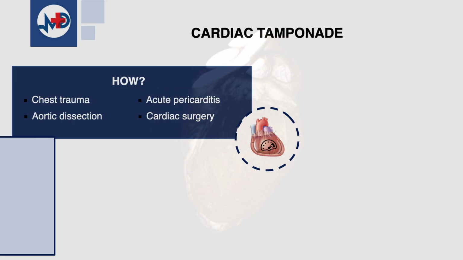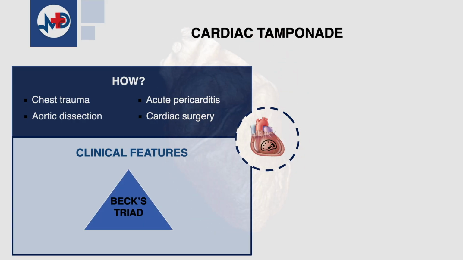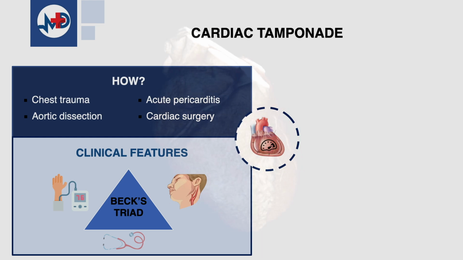To remember the clinical manifestations of cardiac tamponade, you should be familiar with Beck's triad, which consists of hypotension, muffled heart sounds, and distended neck veins. Additionally, the patient may present with tachycardia, pulsus paradoxus, symptoms of right heart failure, or pallor.